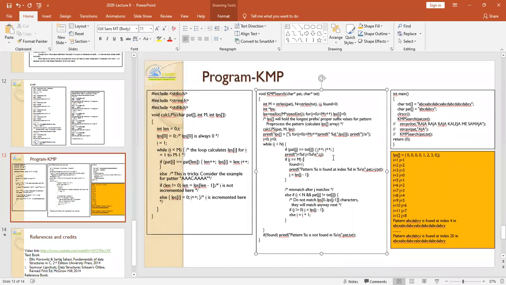So this program you will understand when we go with the program, when we execute that particular program. But for now you go with the logic, understand only the logic of the program. So this is the program. Just understand the concept, not the program.